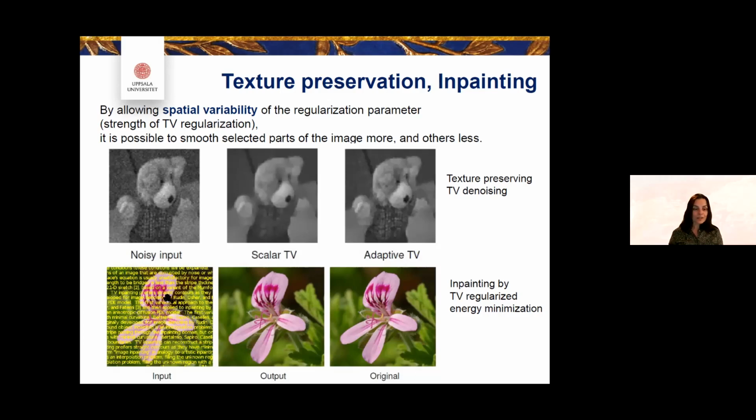So, for example, this text: if I want to remove it from this image, then I should also be able to fill in the missing details. And that is done by setting suitable constraints of propagating the neighboring function values into the missing parts, and that can also be done with suitable adjustments of the same model, which is energy minimization with TV regularization.